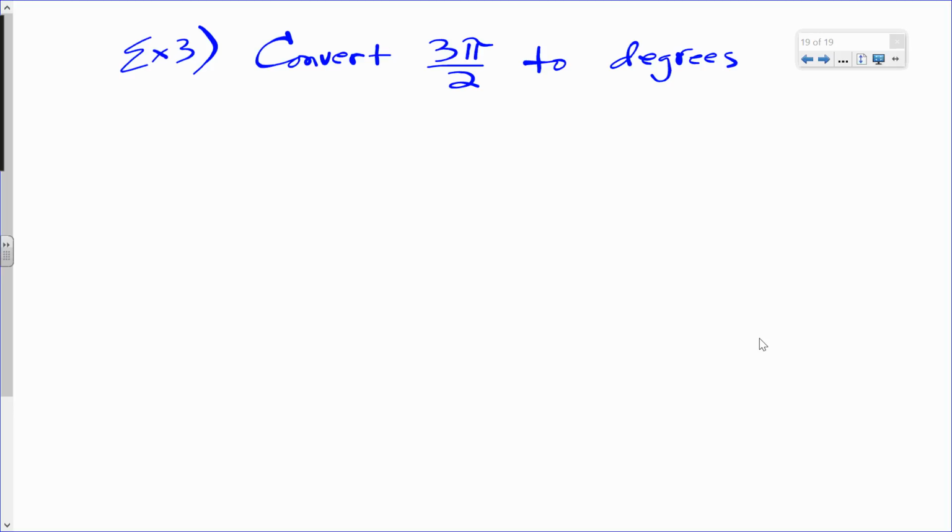So the first 2 examples were degrees to radians. Now I'm throwing radians at you. Now asking you to convert to degrees. What do I do at this point? What do I multiply by? 180 over pi. There we go.